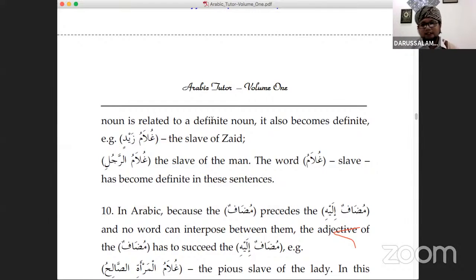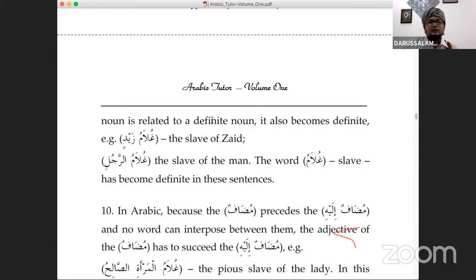Look at Zaid. Zaid, is it ma'rifah or nakira? Zaid is ma'rifah. Ismul alam, proper noun. Kata nama khas. Zaid, right? Okay, Zaid is ma'rifah. So when we say ghulamu Zaidin, ghulam also becomes ma'rifah.